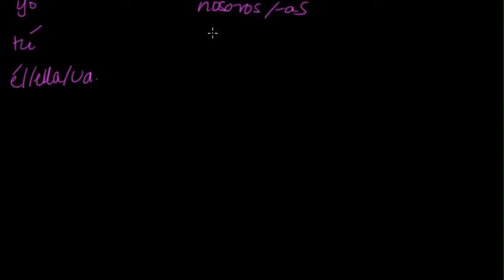Now that we've seen the yo form of hablar, let's look at hablar conjugated for all the other subject pronouns. So we have yo, tú, él, ella, usted, nosotros, nosotras, vosotros, vosotras, and ellos, ellas, ustedes.